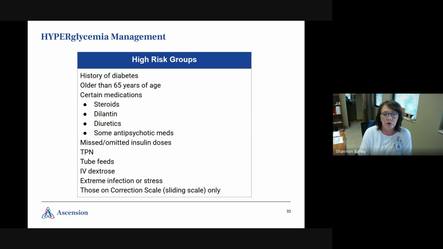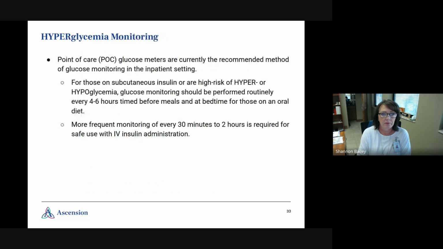If we've missed or held insulin doses, or if we started TPN, it's got a lot of dextrose in it, so that too could cause high blood sugar. IV dextrose, extreme infection or stress, physical stress, can cause significant hyperglycemia. And then those that, the doctor has only ordered a correction scale of insulin and not any long-acting insulin, those patients are also at risk.